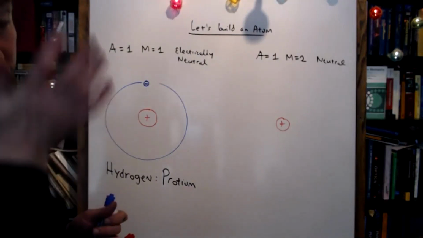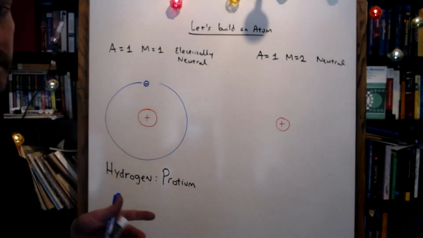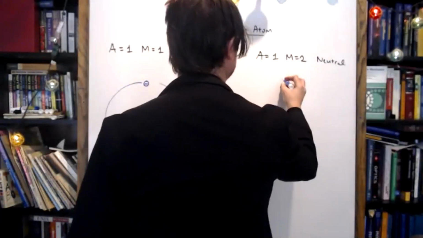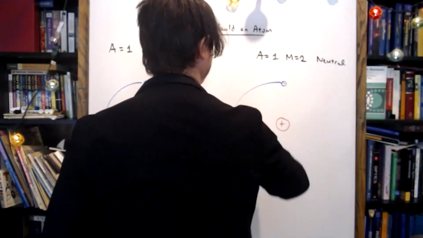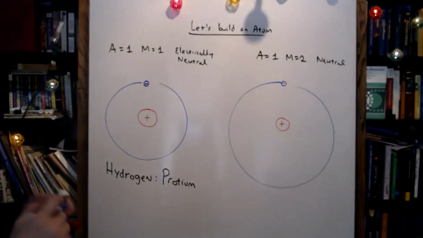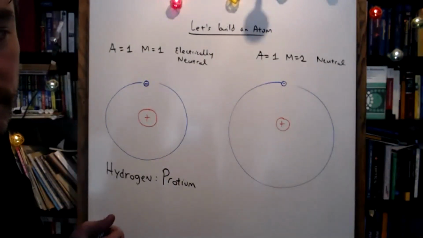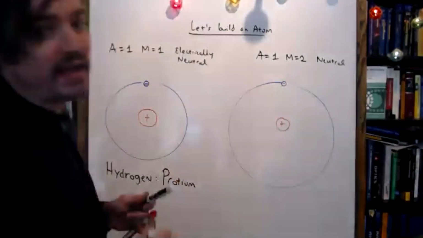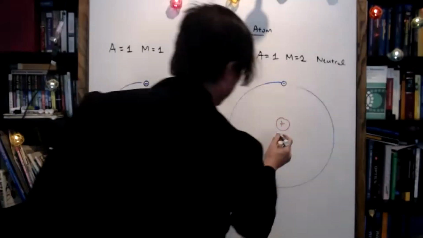What else? One electron. Okay. Is that it? And there's one neutron. Correct, because we need 2 nucleons and we've only used 1 nucleon.